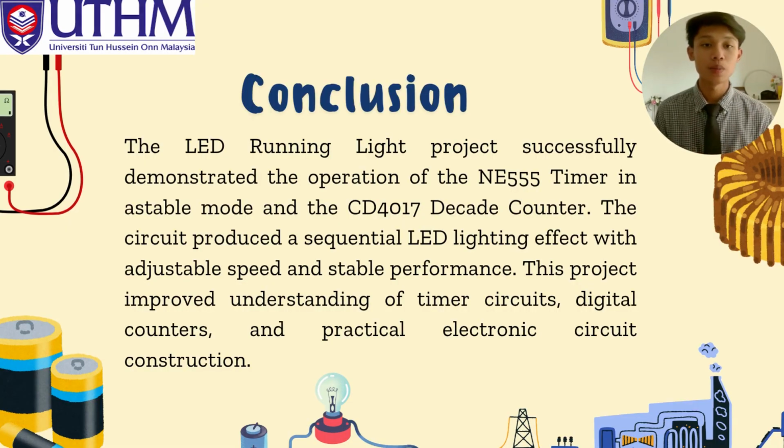The circuit operated reliably and the running speed could be adjusted using the potentiometer. This project also improved our understanding of the circuit, digital counters, and practical circuit construction. Overall, this project demonstrates a simple, low-cost, and efficient electronic circuit that can be applied in decorative lighting, display systems, and educational purposes.